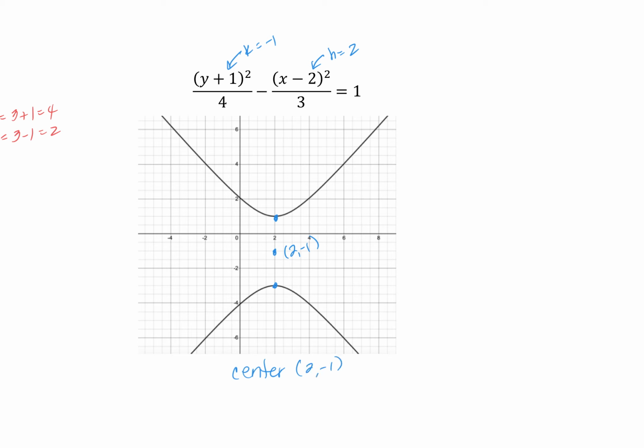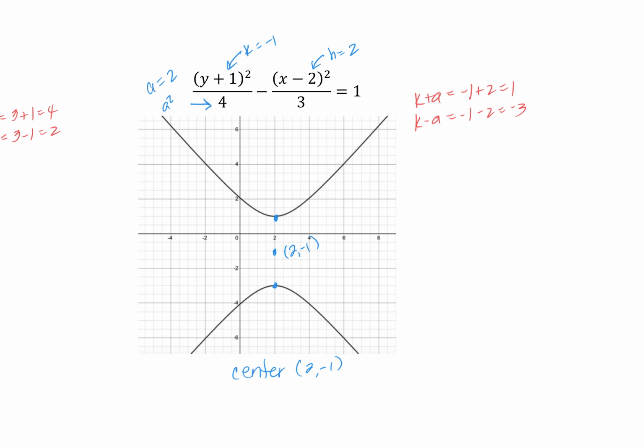Okay. Now my a squared is 4, so a is 2. And my k value is going to change for my vertices, so it's going to be k plus a, which is equal to -1 plus 2, or 1. k minus a is -1 minus 2, which is -3.